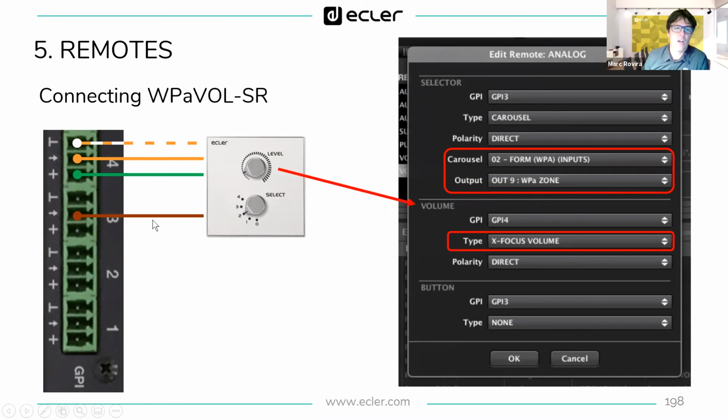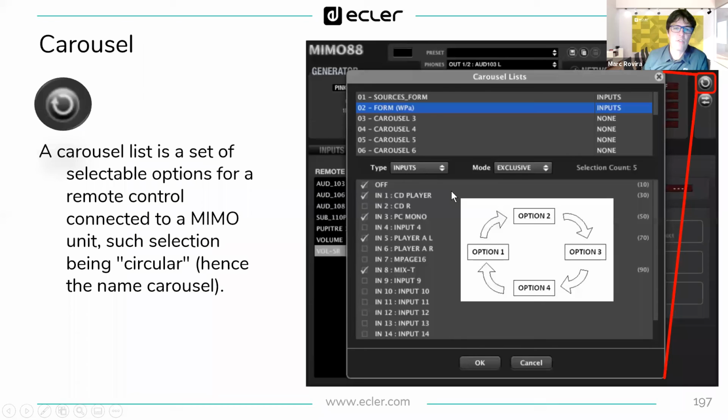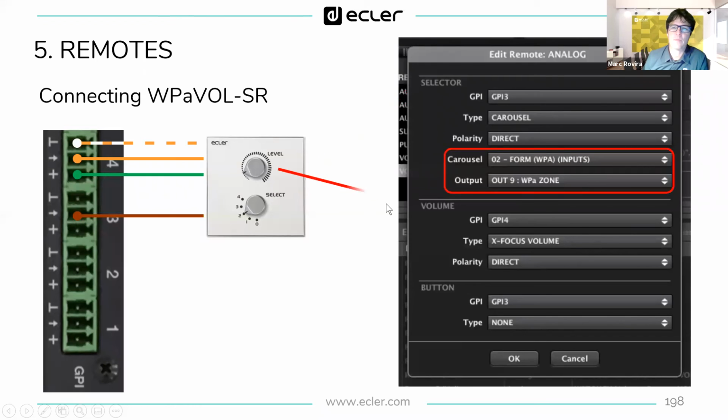Let's see the carousel again. For example, input 1 is CD player, input 3 is PC mono. If I have a selection here of PC mono, what will change if I use this potentiometer? It will change the cross point between the PC mono and output 9.